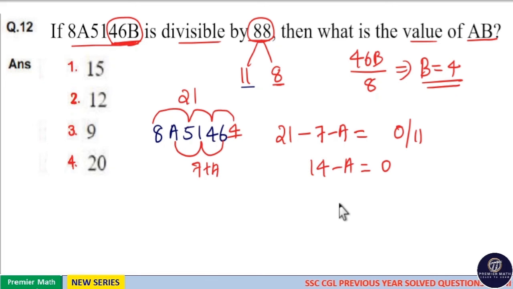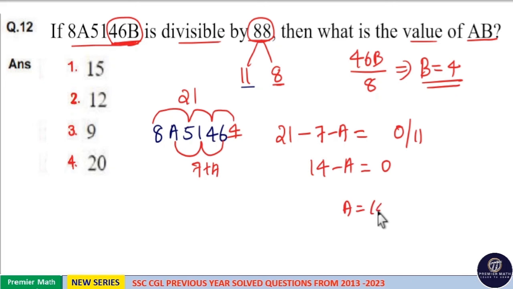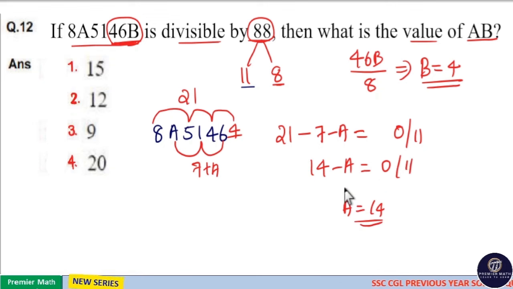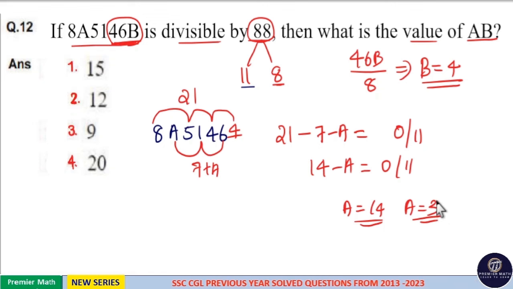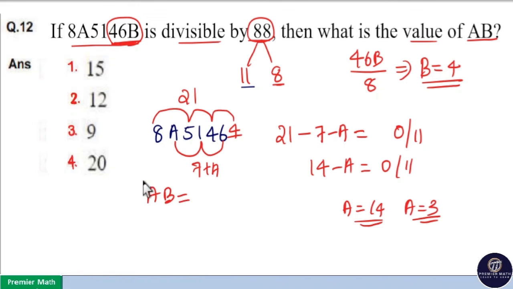If it is 0, then A is equal to 14. If it is 11, then A is equal to 14 minus 11, 3. So, A is 14 or 3. Let's check. Here, we need product of AB. AB is equal to B is 4 here, and if I take A as 3, then 4 into 3 is 12, which is in the option.